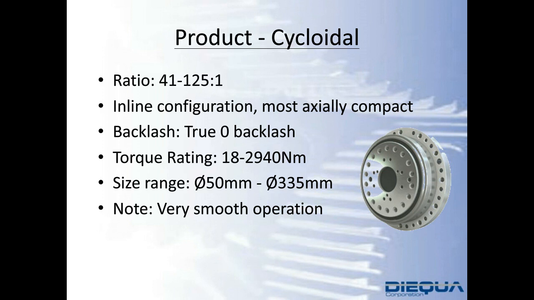You can see the range of sizes, something as small as 50 millimeters, near 2 inches, all the way up to 335 millimeters, to give you a good understanding of how this unit varies in sizes. Through the various combinations of rollers and needles, you could accomplish ratios from 41:1 all the way up to 125:1.